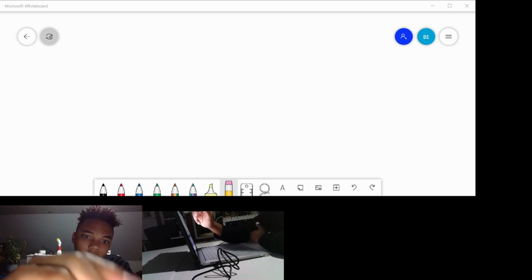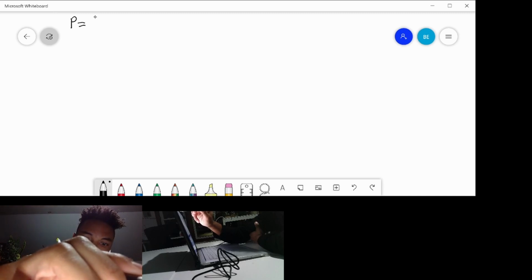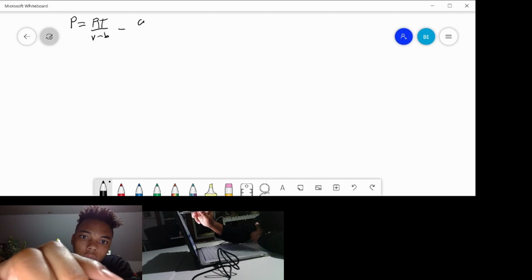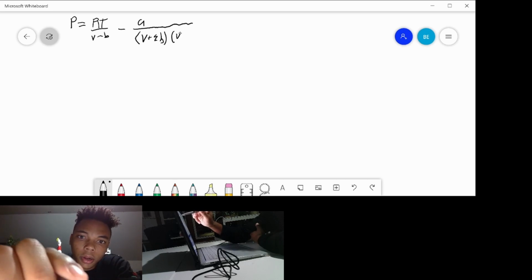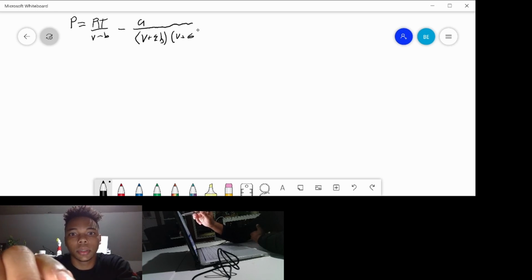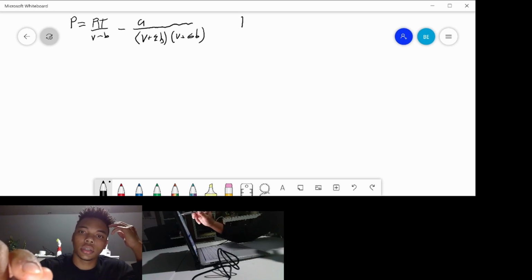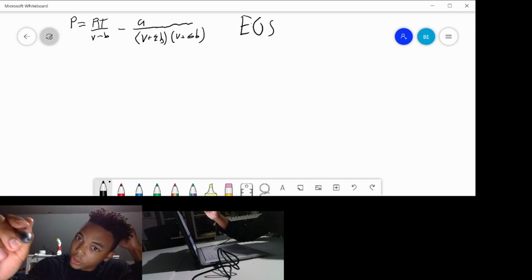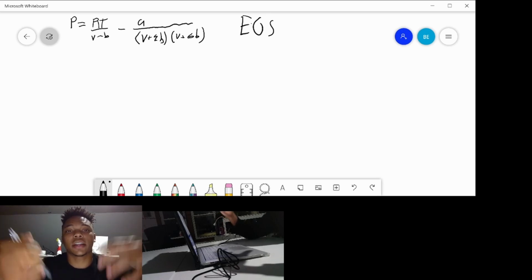So we know that P equals RT over the specific volume minus b, minus the constant a over the specific volume plus epsilon b, multiplied by the specific volume plus sigma b. And that is our equation of state.